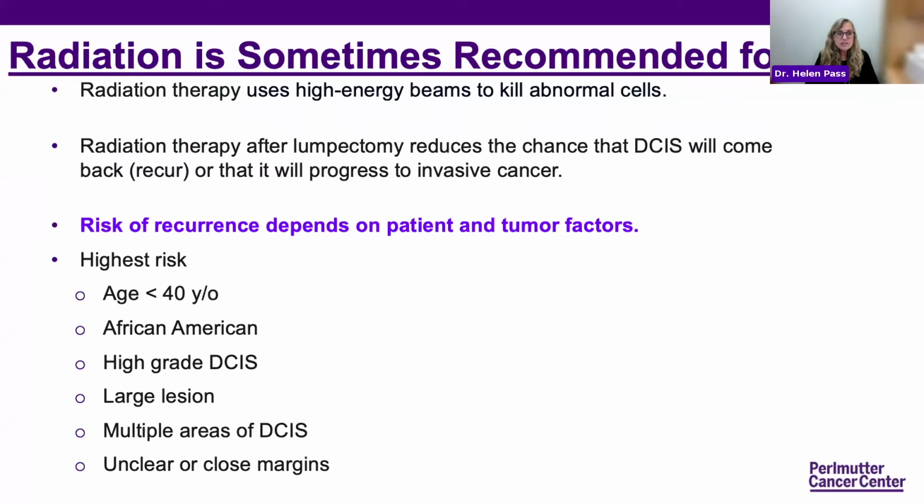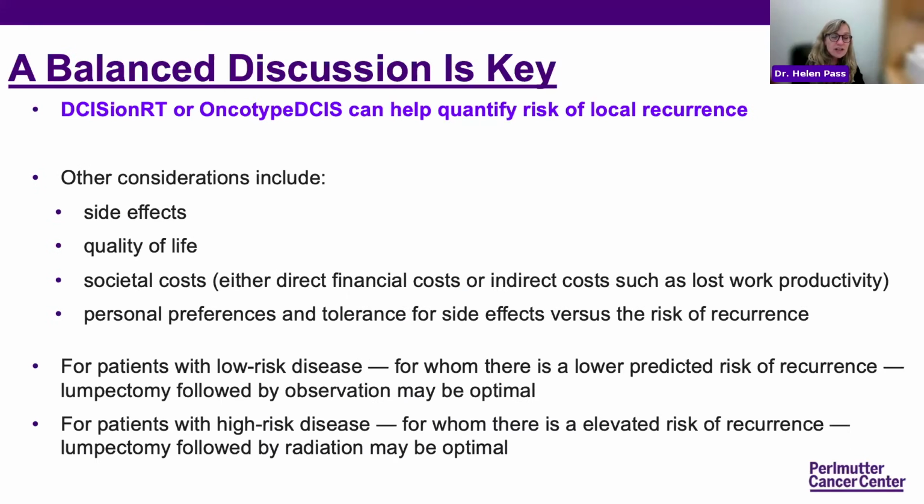So radiation uses high energy beams to kill the abnormal cells, and it reduces the chance that the DCIS will either come back or progress to invasive cancer. The risk really, we stratify it based on patient and tumor factors, and you can see some of the high risk factors. There are some tests available that really help quantify the risk of local recurrence and look at the molecular profile of these tumors.